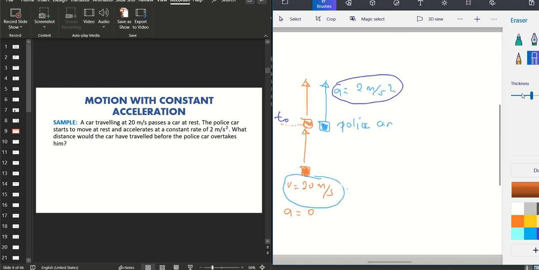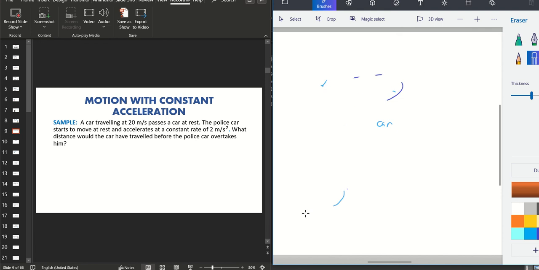So, drawing ko lang na maayos. So, initially, these are your initial position. So, this is gonna be your initial position, D. And this is your initial time, T0, and V0.